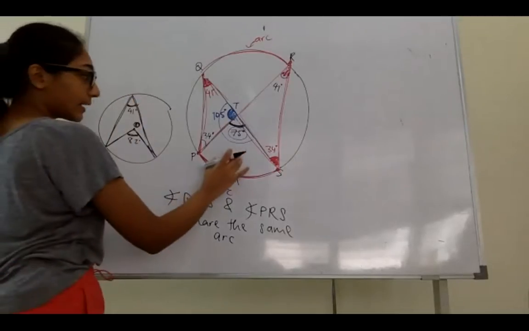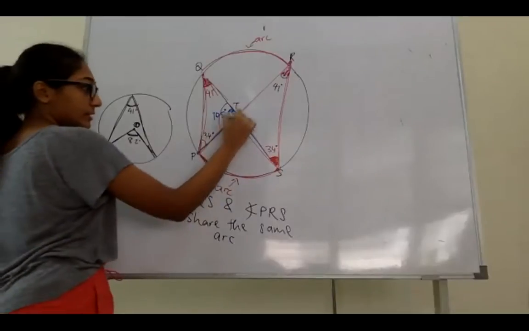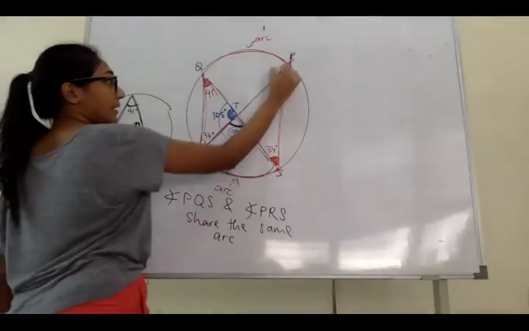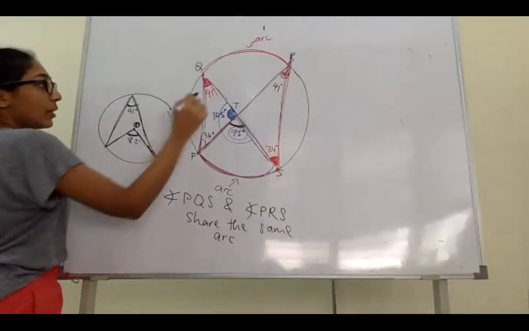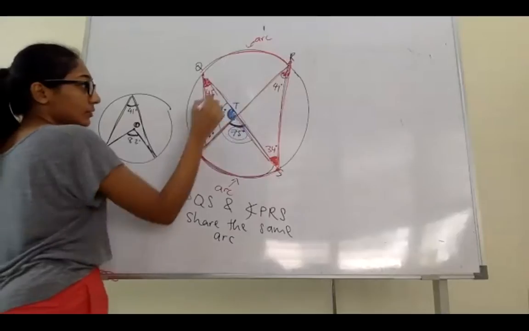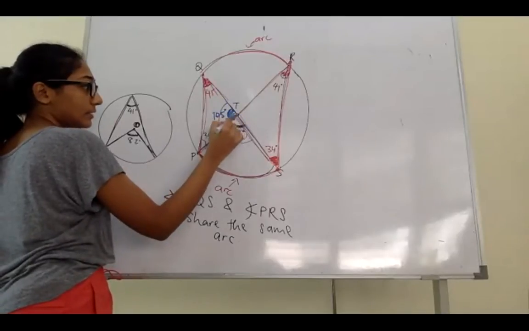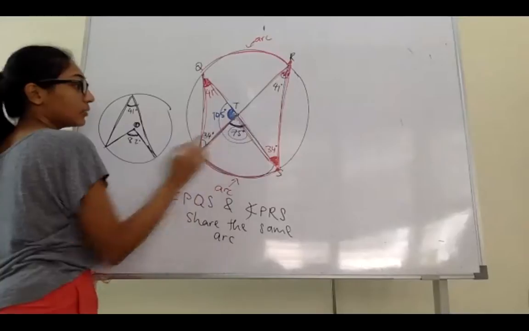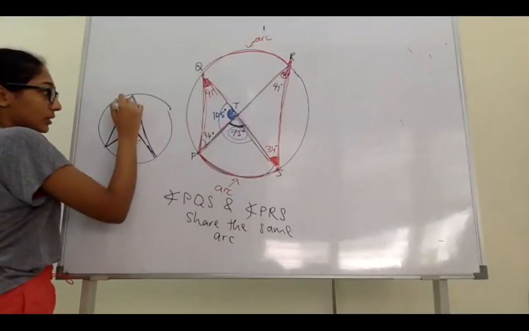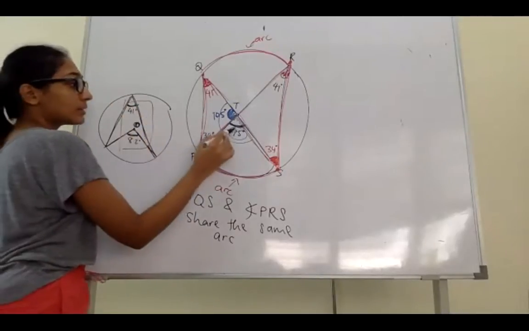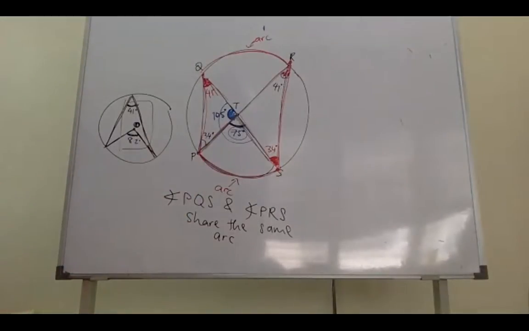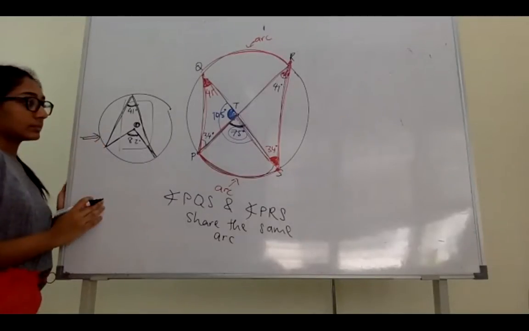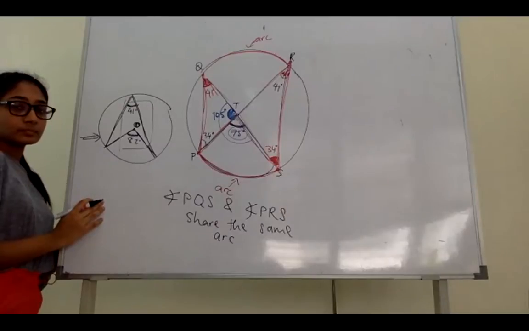Now if we look at this diagram, the TR and TQ line is the same thing, so now it is 41. And if T was the center, the angle at T has to be 82, according to this rule. But the angle at T is not 82, it's 75. That's why T is not the center, according to this rule. Understand? Understand, sir.